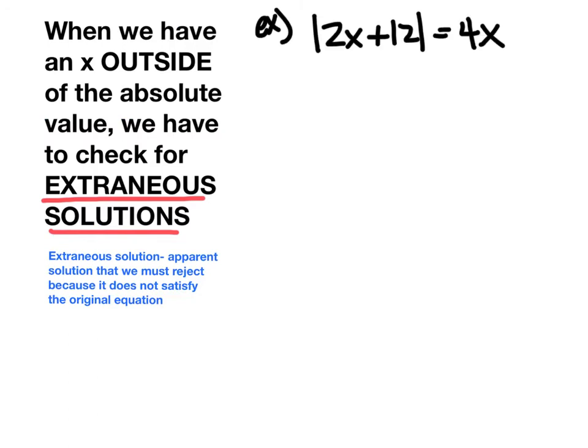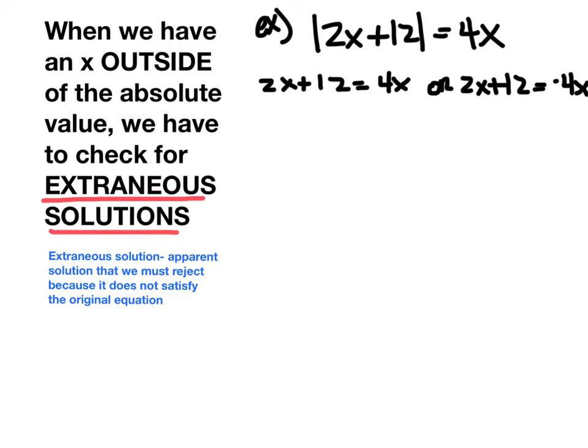All right, so here we have the absolute value of 2x plus 12 is equal to 4x. So we're going to go about this the same way, but notice that we have this x that's also outside of the absolute value. So I have 2x plus 12 is equal to +4x, or 2x plus 12 is equal to -4x.